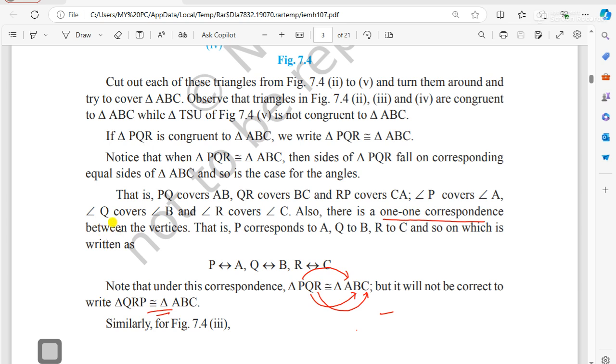In this way you can say that this triangle is congruent to this triangle, right.